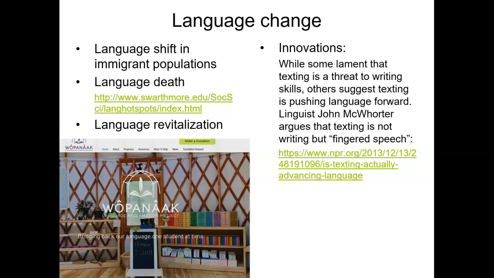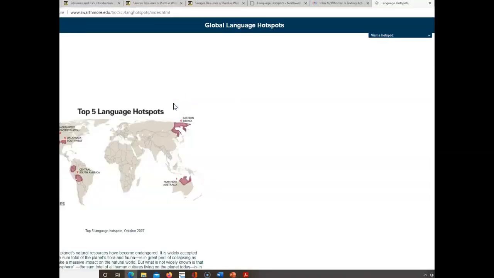At the more concerning end of language change, anthropologists are also interested in languages that are under threat. And indeed, language death is an issue in certain parts of the world. So, for example, this is a site that I just wanted to bring up, which is about what are referred to as language hotspots.